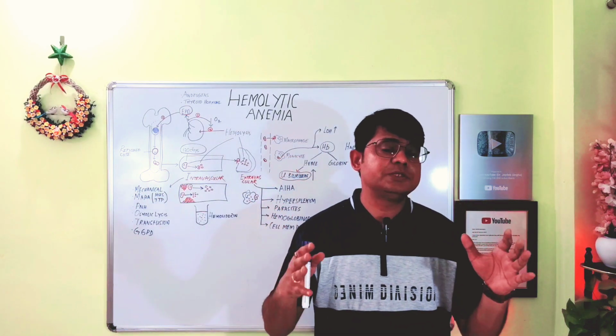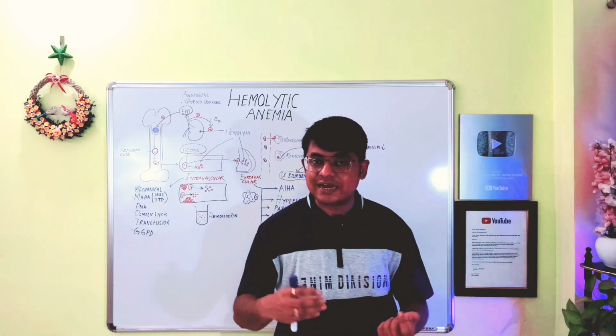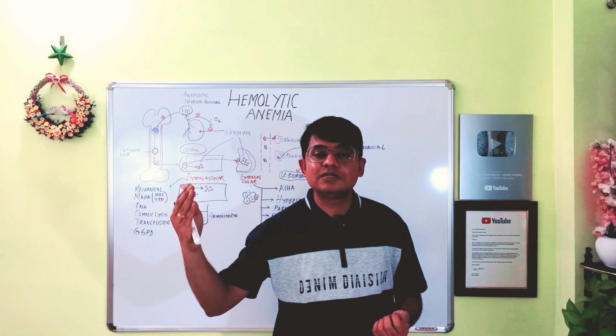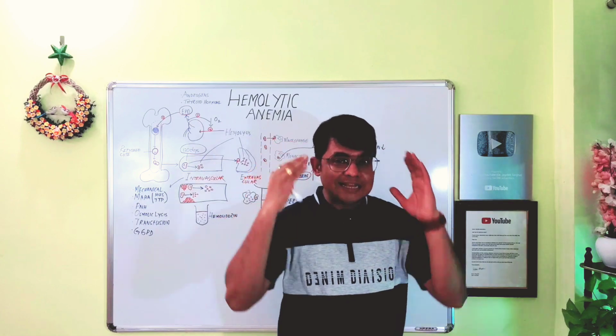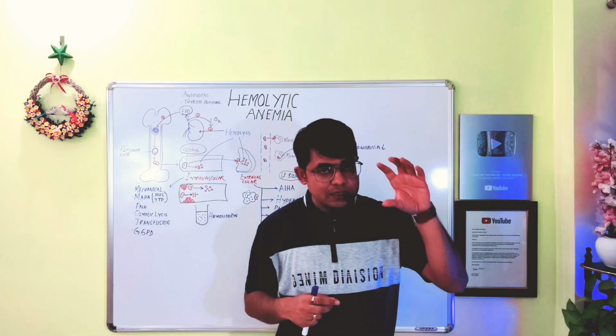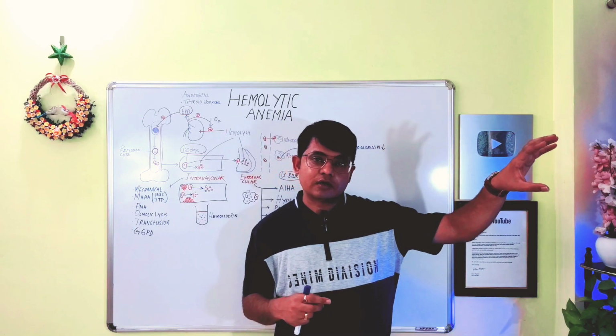So the basic difference between intravascular hemolysis and extravascular hemolysis is that in intravascular hemolysis, the RBCs are lysed within the blood vessels, but in extravascular hemolysis, the RBCs are lysed within the spleen or liver.